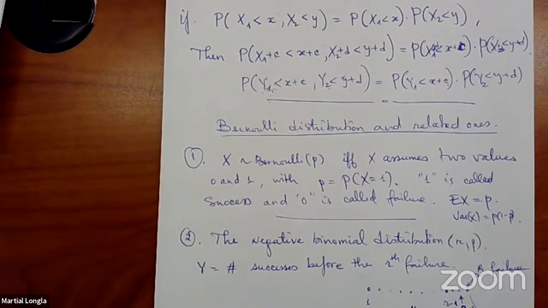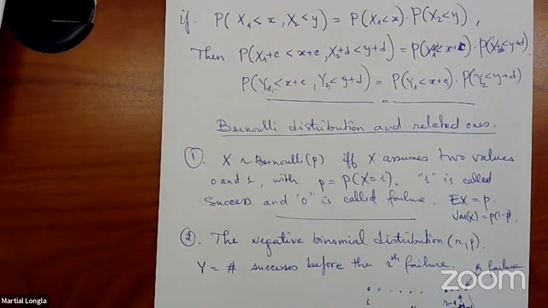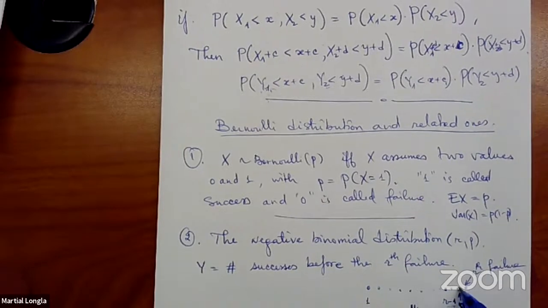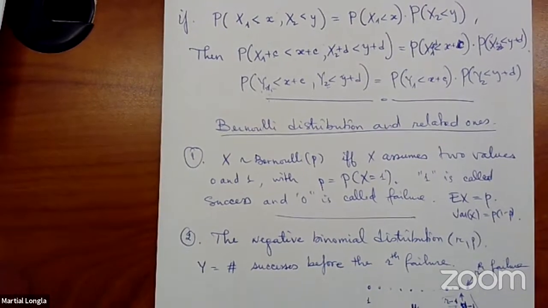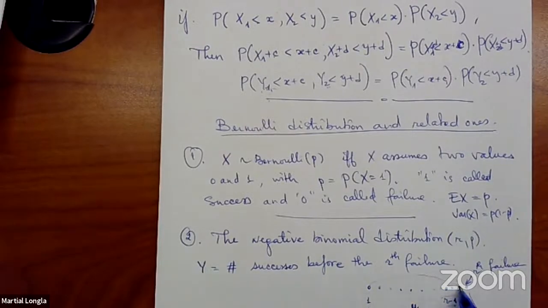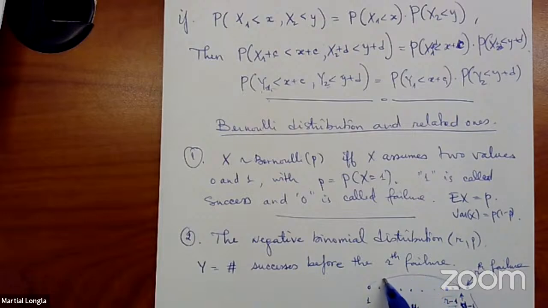So you want Y trials, among which before Y minus 1, right here where you stop, you have R minus 1 failures, and your R failure is the last one. Right there.